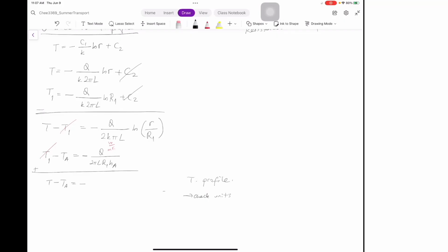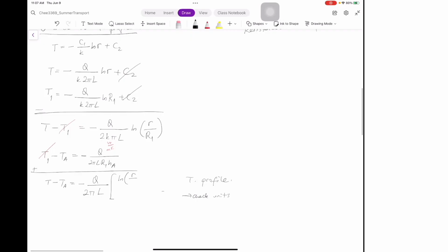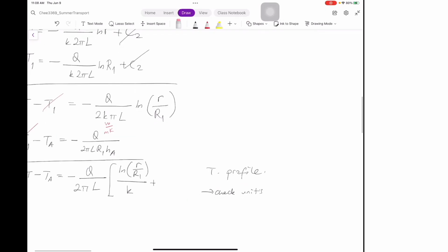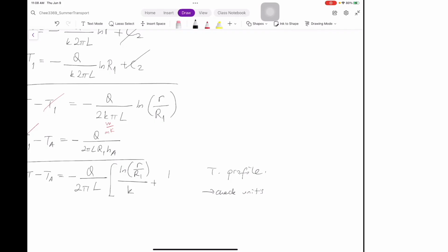So negative Q over 2 pi L, logarithm of R over R1 divided by K plus 1 over R1 HA.